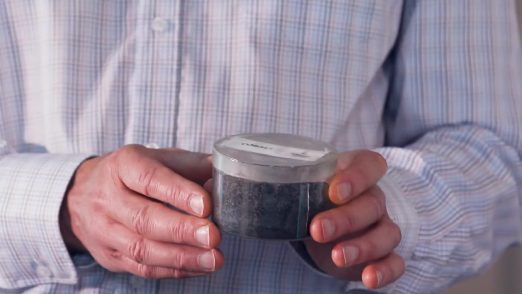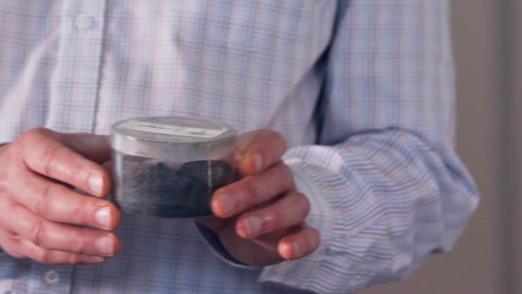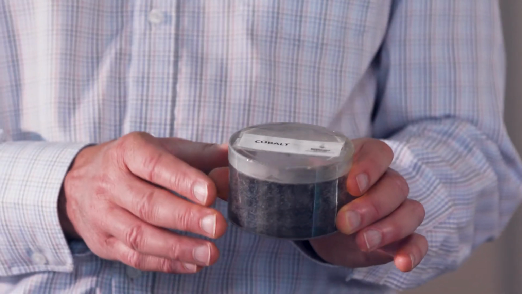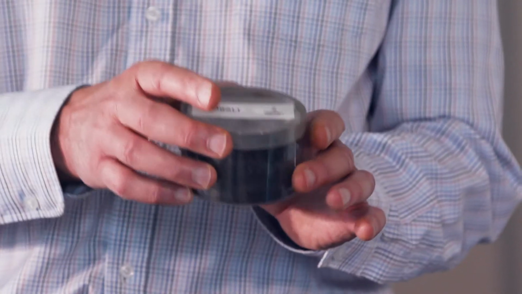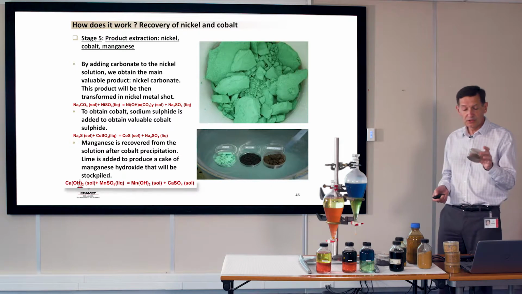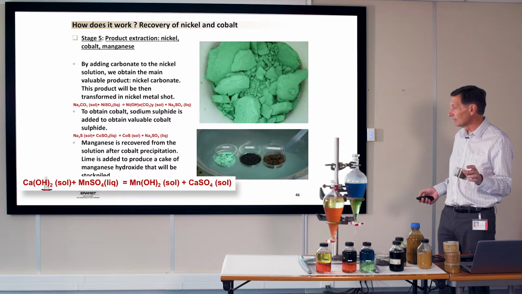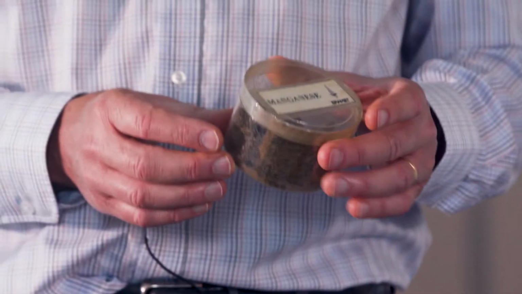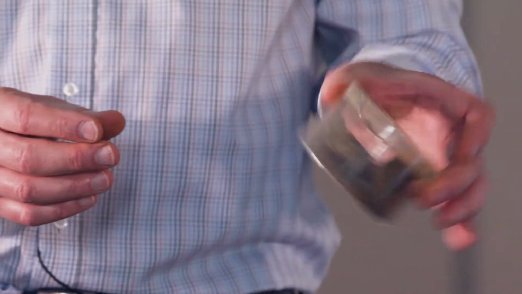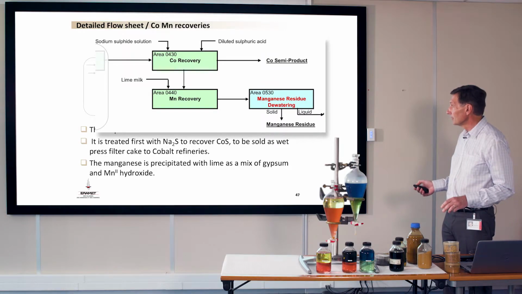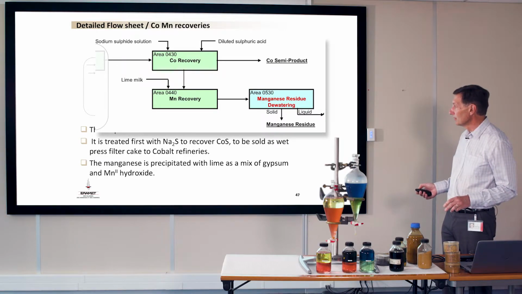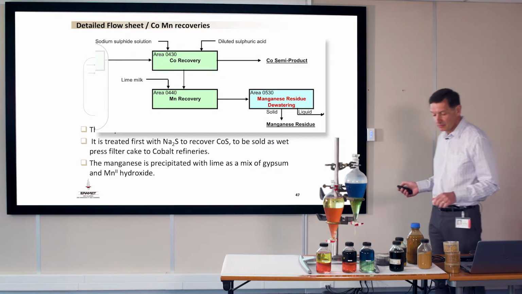It's rather selective, and you obtain a product with more than 50% of cobalt content. And after that, on the same solution, manganese is remaining, and you precipitate manganese by adding calcium hydroxide, lime, to precipitate manganese hydroxide. Those are the different steps: cobalt recovery, manganese recovery.